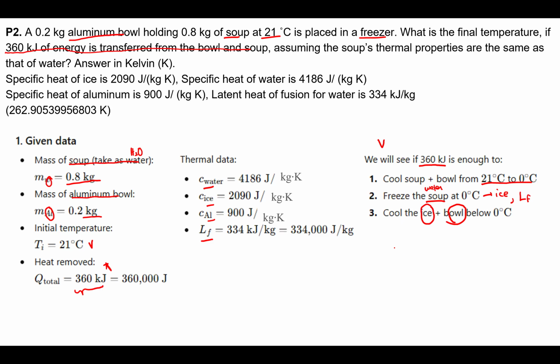So initially it is water plus bowl, then the temperature is reduced, the water becomes ice, and then ice plus bowl will decrease further in temperature below 0 degrees. So it's a three-step process.